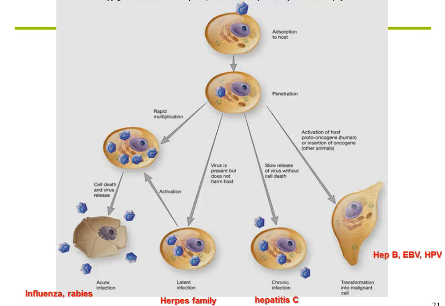Then, to the right of that, the herpes group, latency. The virus goes underground. Then, to the right of that, chronic infections, very slow release of the virus. Remember that budding and release of the virus can occur very, very slowly. Then, far right, the conversion of a normal cell into cancer cells.